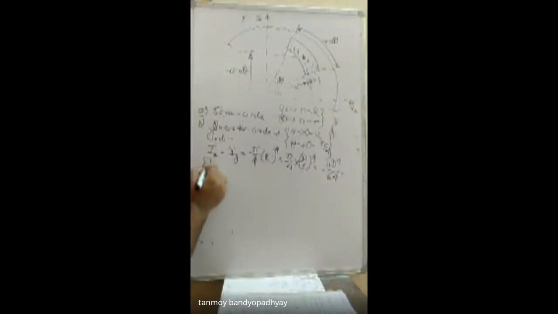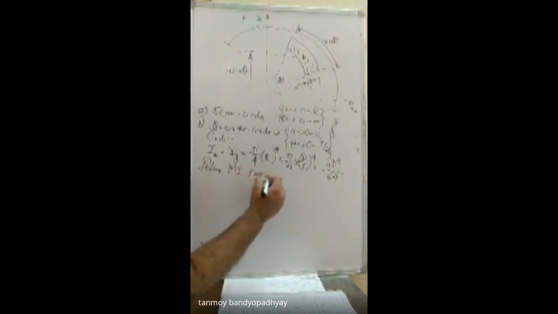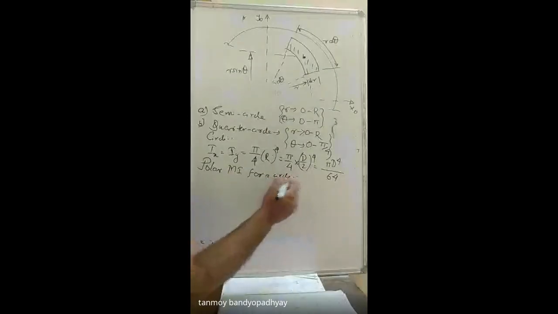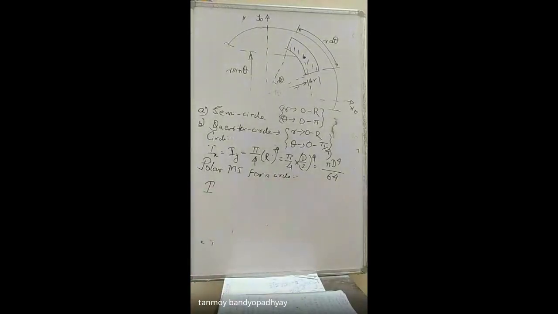Now the polar moment of inertia for a circle. Polar moment means an axis passing perpendicular to the plane of the area. If the circle lies on the xy plane, the polar moment is about the z axis. I can call it Ip, which is equal to Iz.